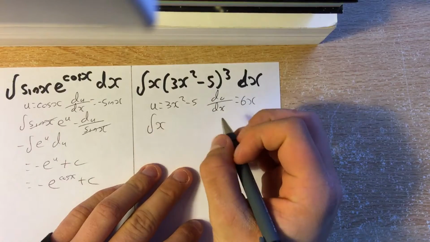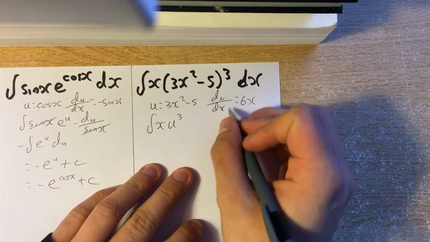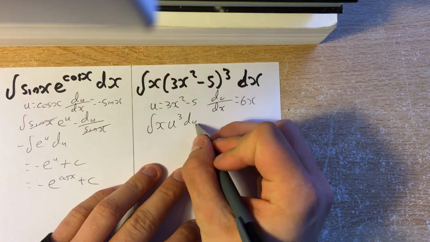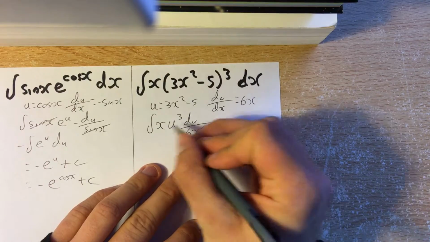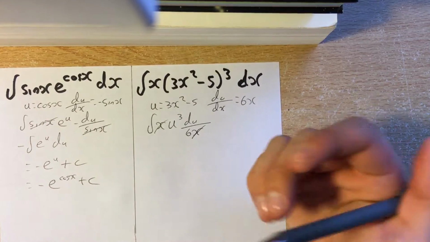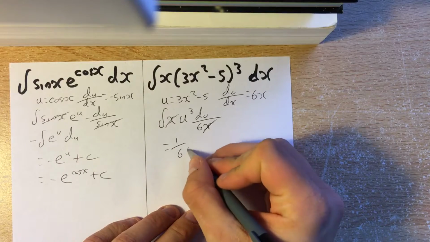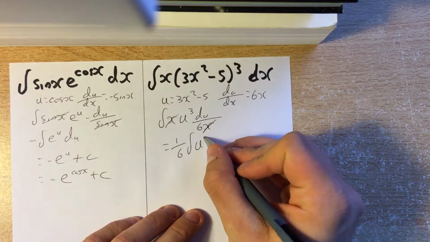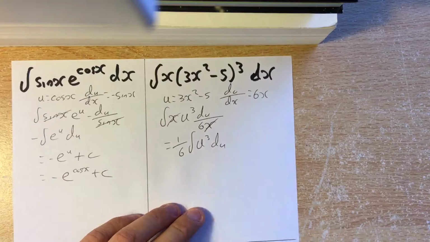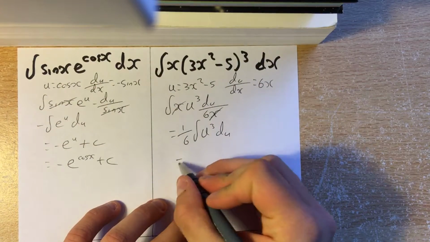So we can rewrite this as x multiplied by u to the power of 3, and if we rearrange this, we get du over 6x, and the x's cancel out. We are left with du over 6, which is the same as 1 over 6, so we plug that in at the front of the integral, and we're left with u to the power of 3 du. Since these are just u variables, we can now evaluate this integral.